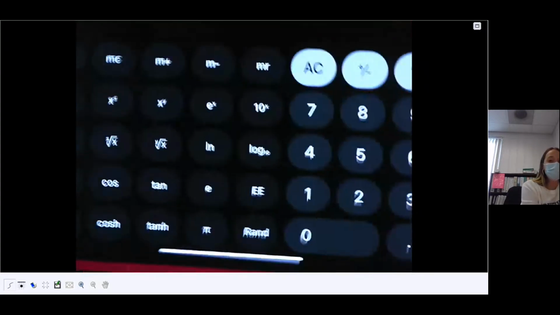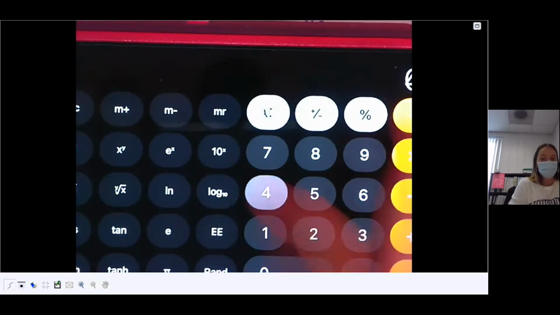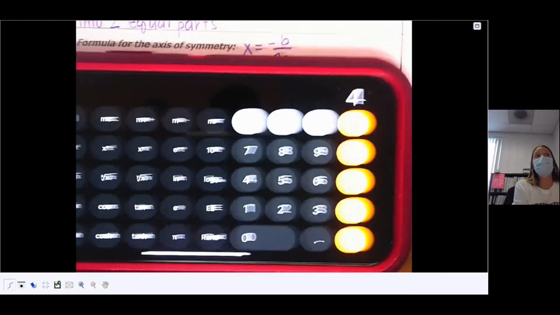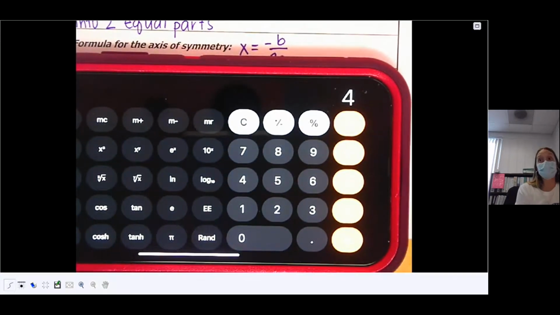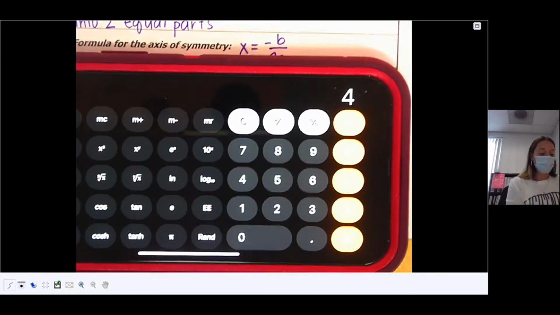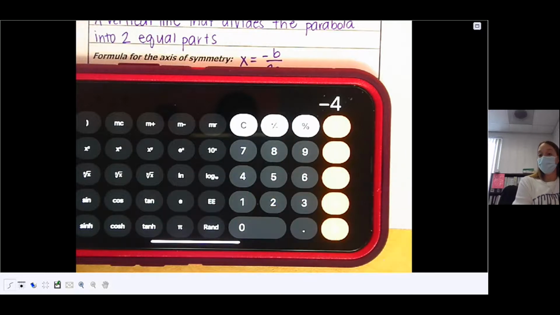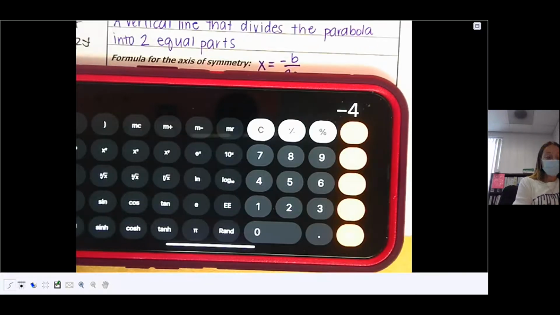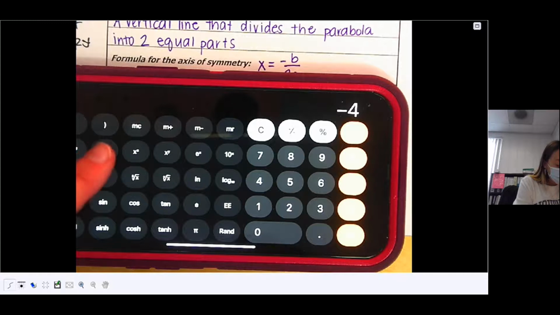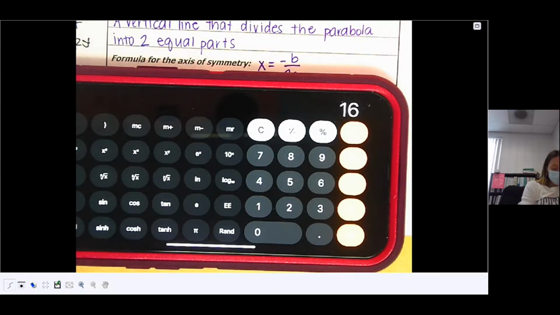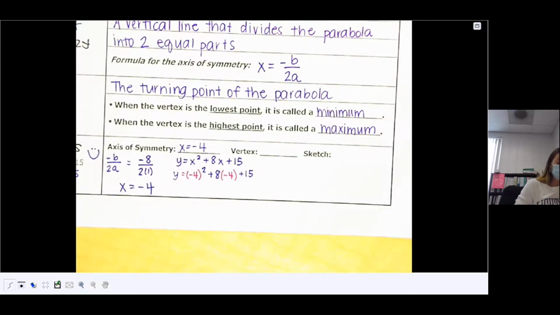Negative 4 squared means negative 4 times negative 4. It's 16. So you're going to push in the 4, put the negative sign with it, which is that plus minus, and then click the x squared button. You get positive 16. Good.